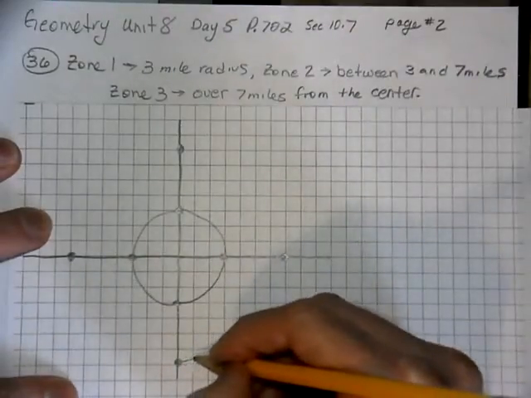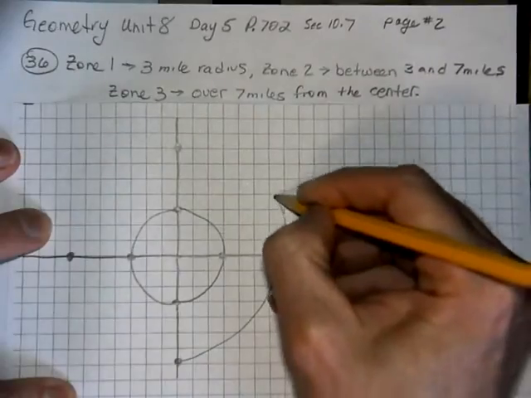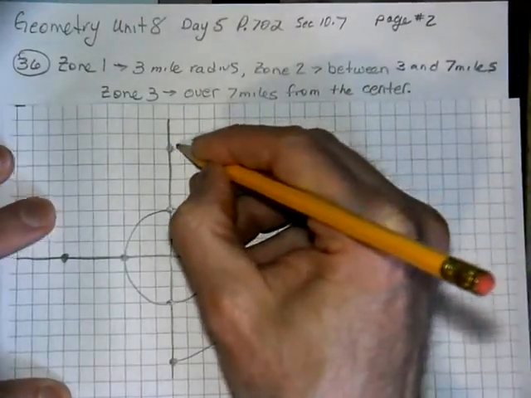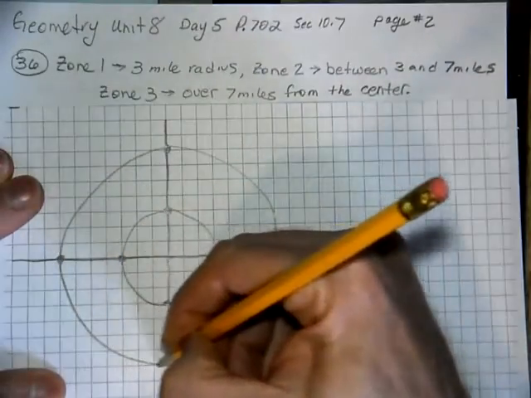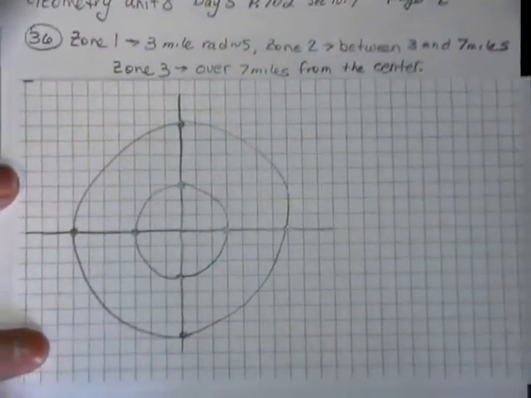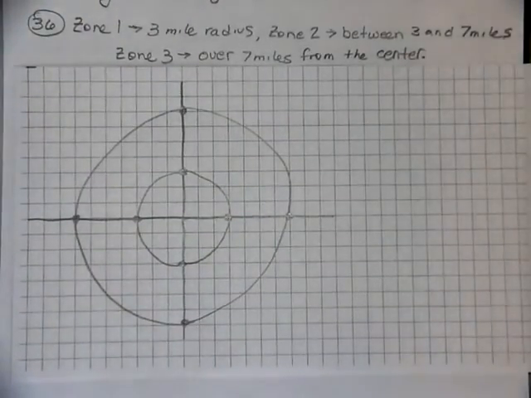So this middle portion in between these two circles would be considered zone number 2. Anything outside that zone, outside that donut shape, would be considered zone number 3.